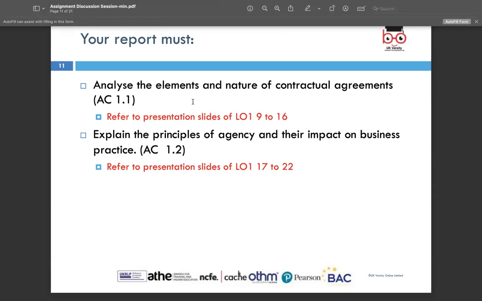You will work through this scenario, but obviously you will discuss everything: analyze the elements and nature of contractual agreements, and explain the principle of agency and their importance on business practices. So, analyze the nature of contractual agreement.